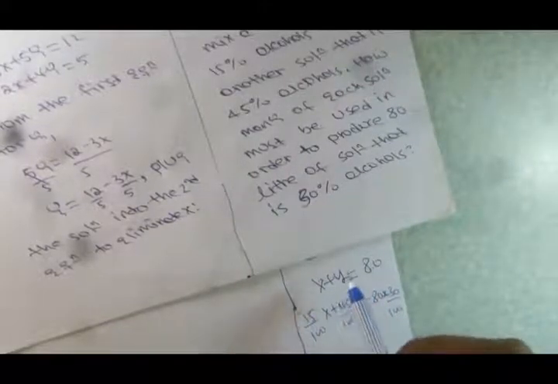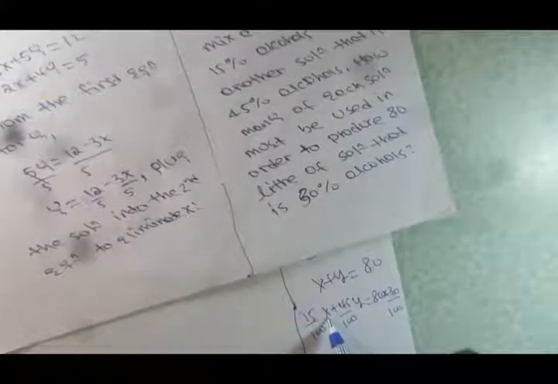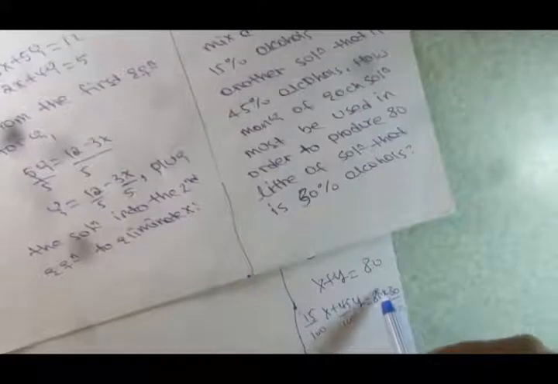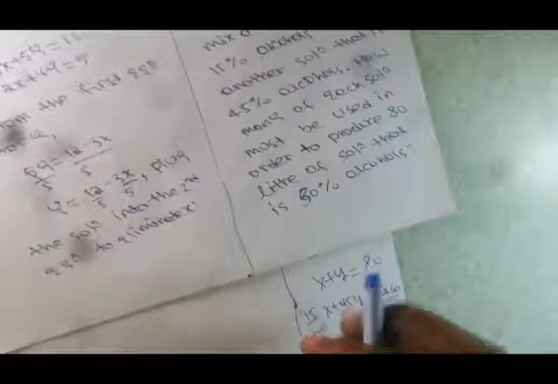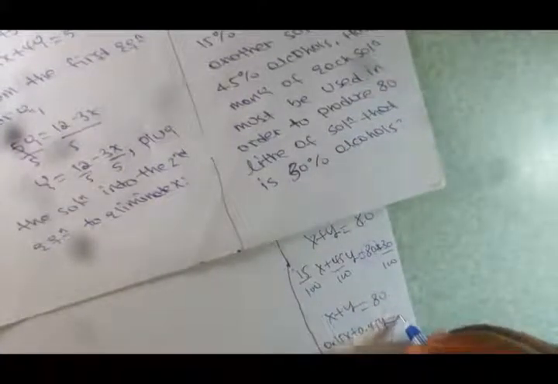And when we mix them, what? 15% of solution 1 plus 45% of solution 2 will give 30% of the total volume of 80 liters. Therefore x plus y is equal to 18, and 0.15x plus 0.45y is equal to 24.